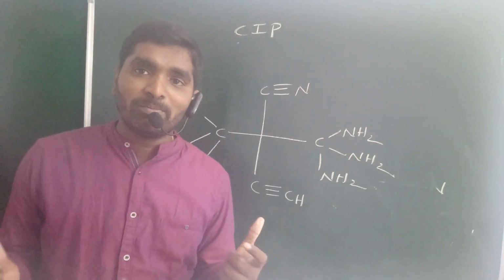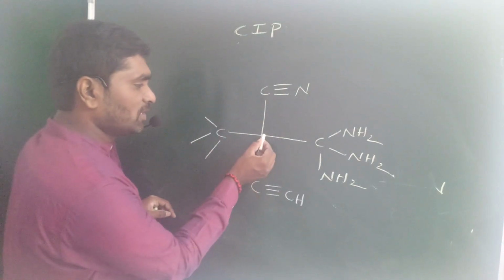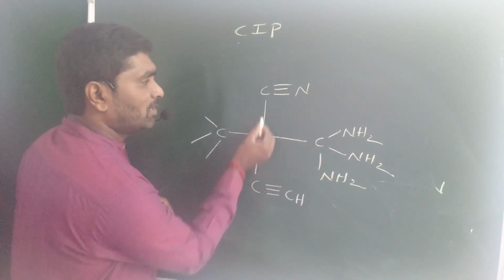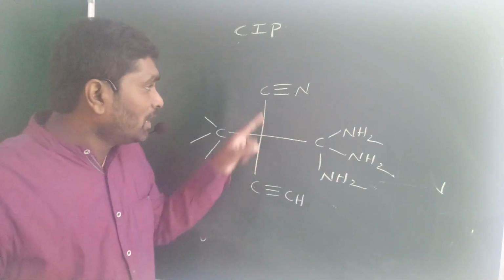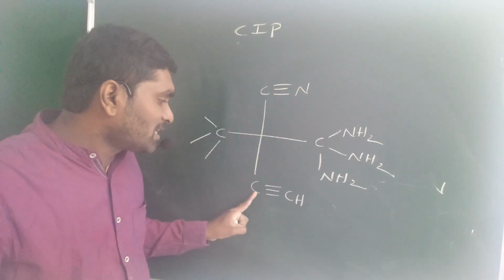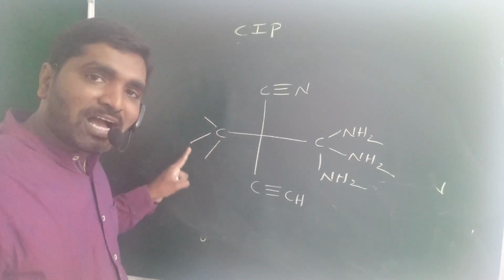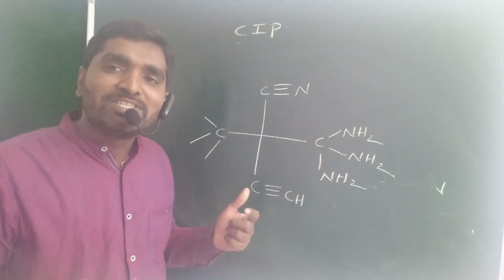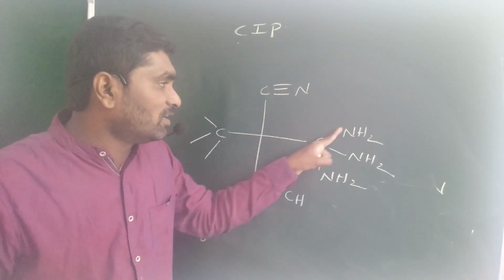Look at this one. Which one may be the higher priority group? All are carbon atoms. This one may be bonded with carbon, carbon, carbon, carbon. Again, this carbon is bonded with the nitrogen, but this carbon is bonded with the carbon. This carbon also bonded with the carbon. So which one may be the better one? Carbon bonded with the nitrogen.